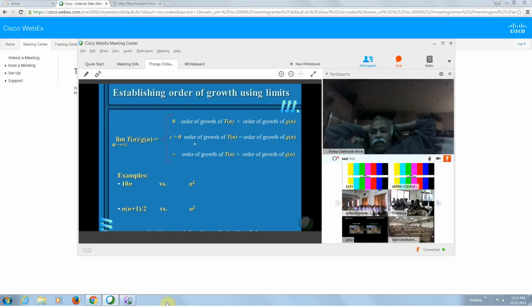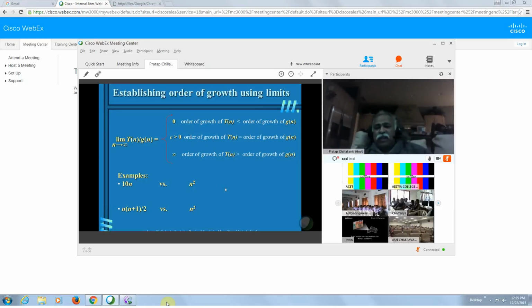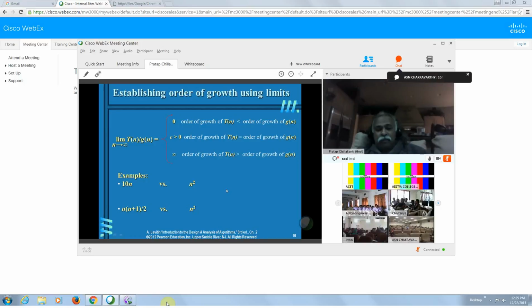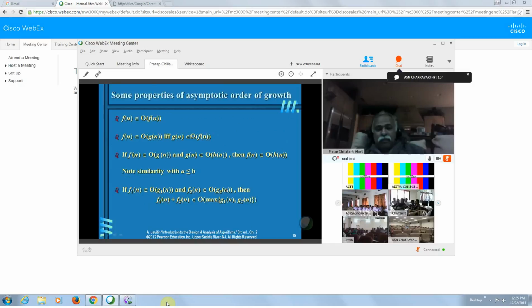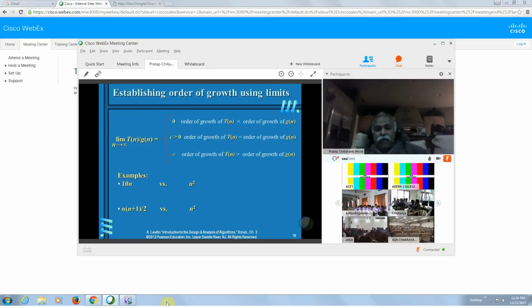Chakravarti put an interesting statement: if n is greater than 10, then it is correct. Which one are you talking about in the previous slide? Correct. Chakravarti made a good point there. He said if n is greater than 10, then it is correct.